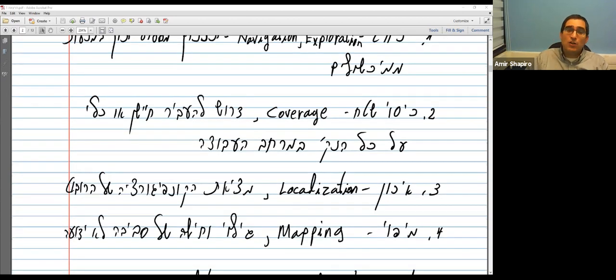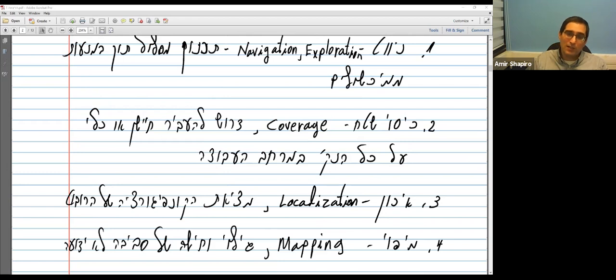It can be localization, to know where the robot itself is, to find the configuration of the robot in space or in the plane. So this is another important and interesting mission, which is required for motion planning mainly. Outside it can be GPS.